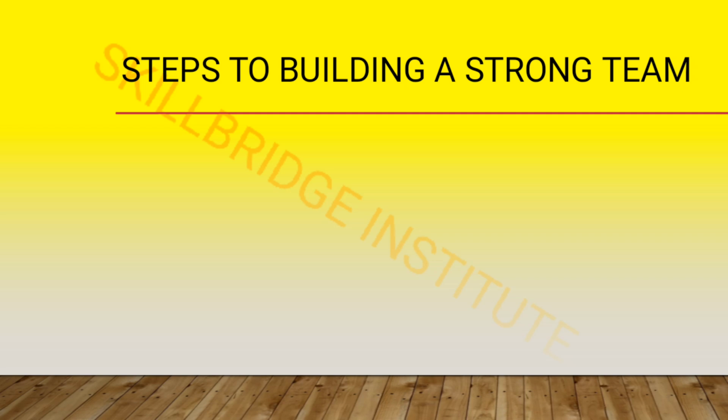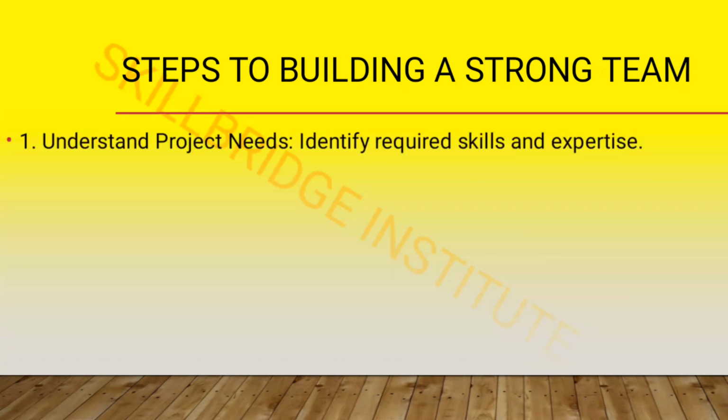Let's talk about steps to building a strong team. For you to build a strong team, number one, you need to understand the project needs. On this one, you need to know the skills and expertise that will be required for a particular project to be well executed.